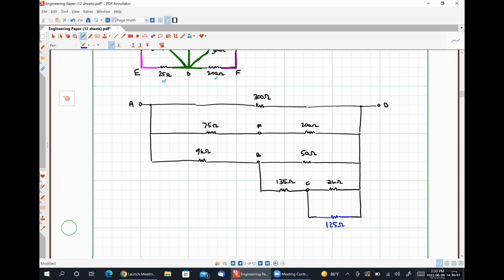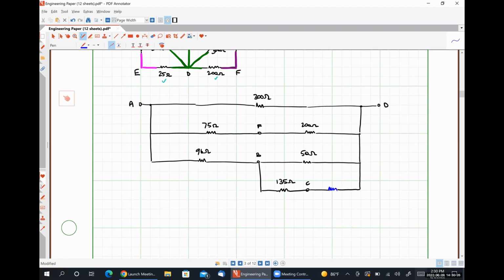So I'll take 125 times 36 over 125 plus 36. And I can replace this resistance between C and D with a parallel resistance. So let's delete this and delete this.